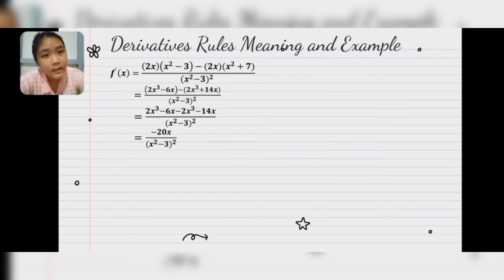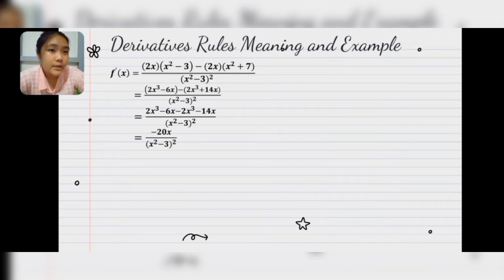and then equal 2x to the third power minus 6x minus 2x to the third power, and then we have to change the plus symbol with minus, and then minus 14x, and then per x to the second power minus 3, and then to the second power.